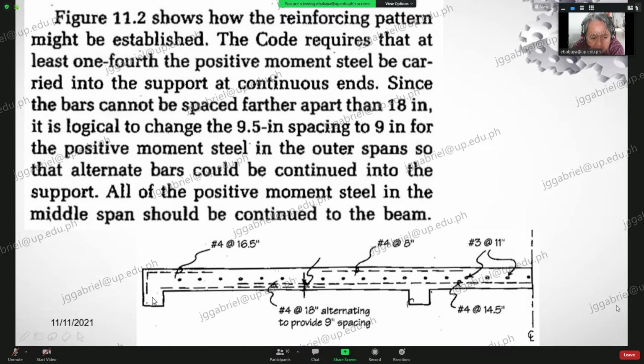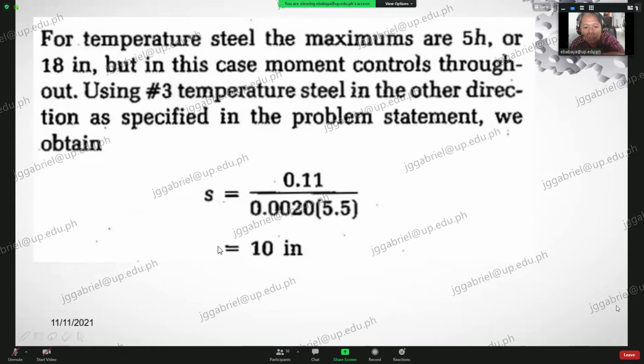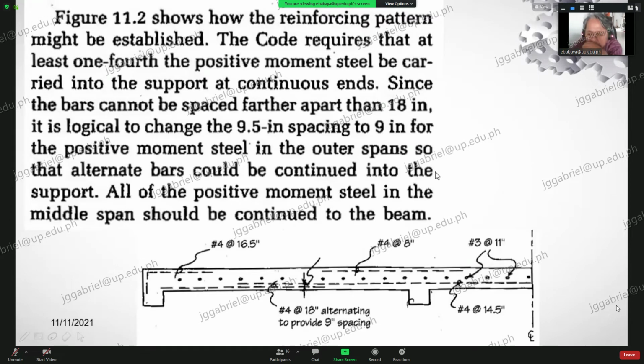Ito yung bar na yan. Okay? Itong mga bar na dots, these are actually temperature and shrinkage bars. Okay? It says number 3 at 11. Sorry, this is a typographical error. It should be 10. Kasi 10 inches yung na-compute. Okay? 10 inches yung na-compute. So kindly correct this. This is number 3 bars at 11 inches. Ito yan.